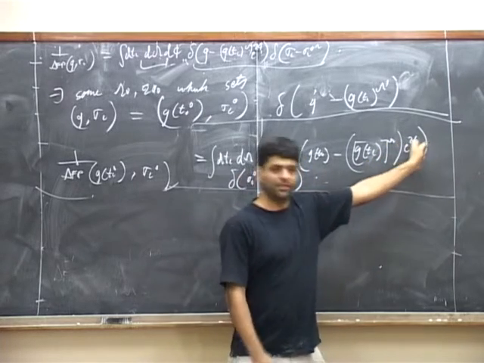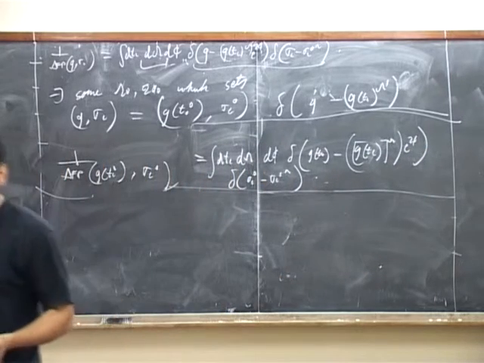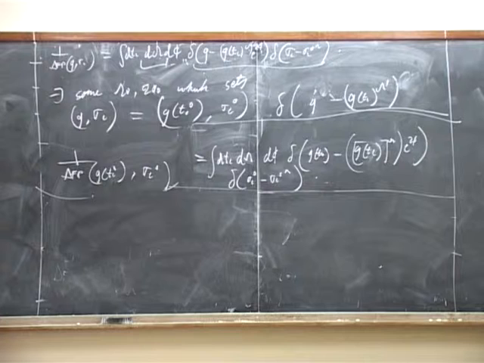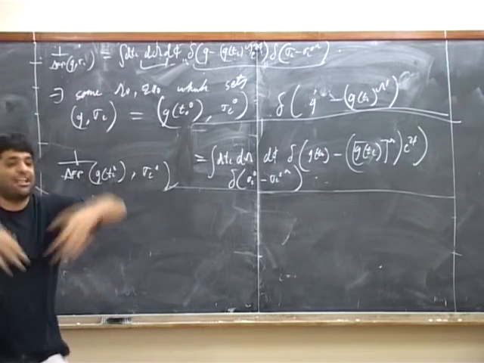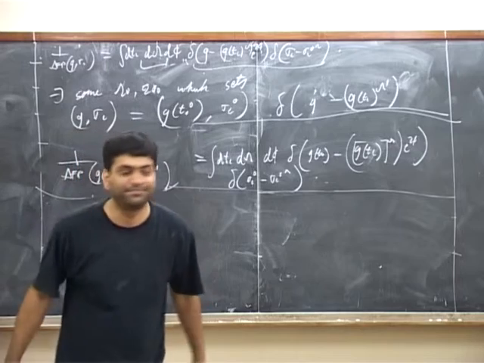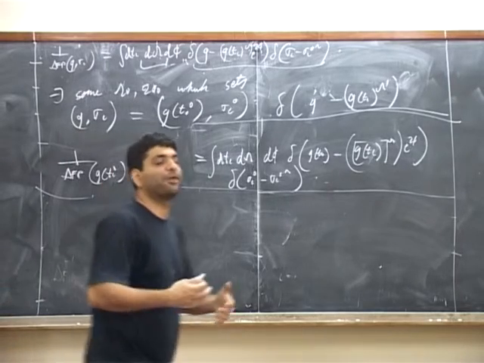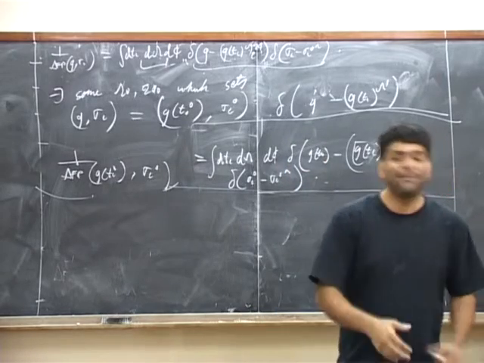At no diffeomorphism, no gauge transformation. That's where this thing clicks. So we only need to know what the measure looks like in the neighborhood of identity. Okay? So the analog of this statement is that we have to do the integral over the natural measure in the Lie group, in the Lie algebra. Okay? What's the Lie algebra of diffeomorphisms? Diffeomorphisms are generated by Killing vectors.